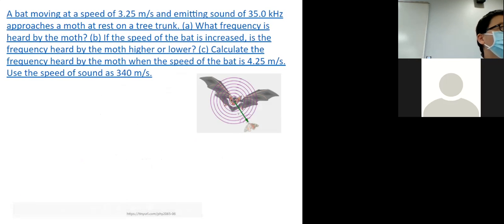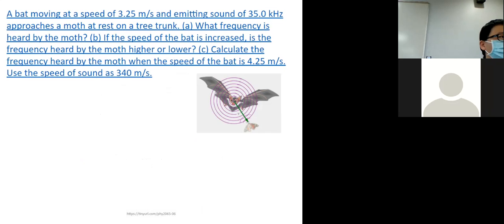We will take a look at one exercise here. This says the bat, which is moving at a speed of 3.25 meters per second and emitting sound of 35.0 kilohertz, approaches a moth at rest. Okay, so in this case, the moth is the receiver, because it's asking what frequency is heard by the moth.